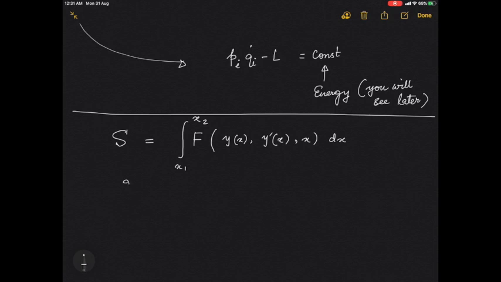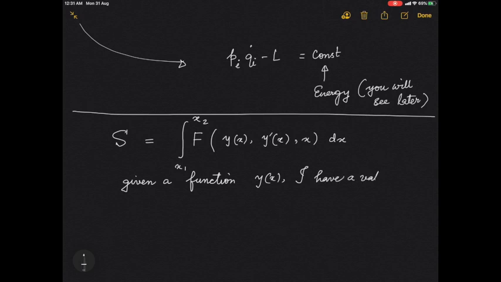Now, given a function, given how y depends on x, I have a value for S, right?